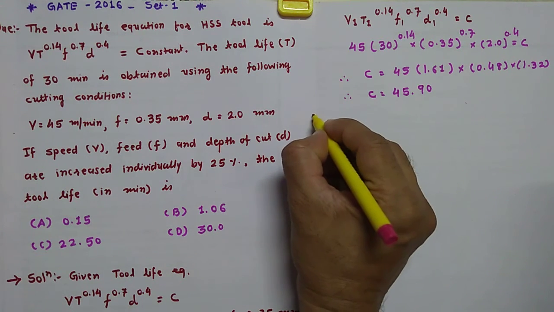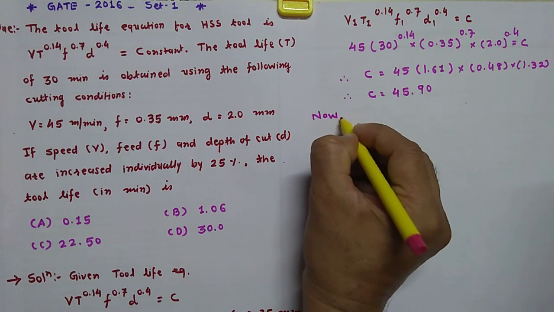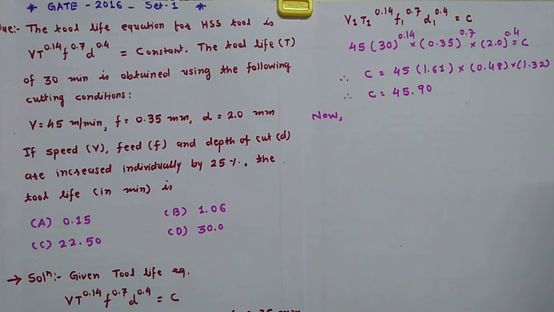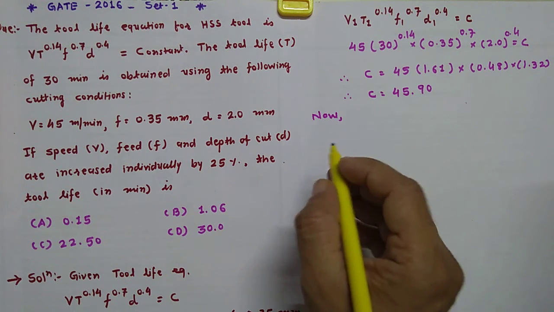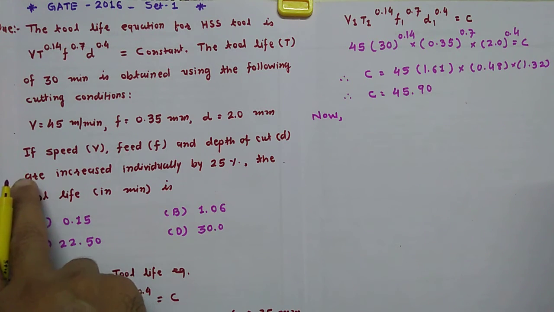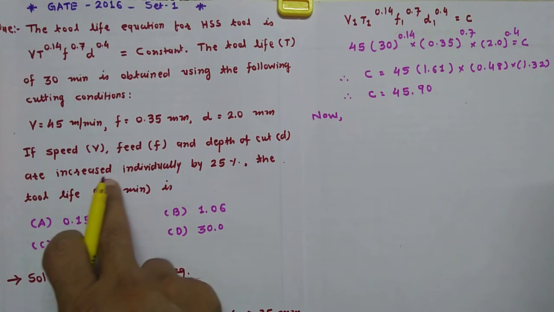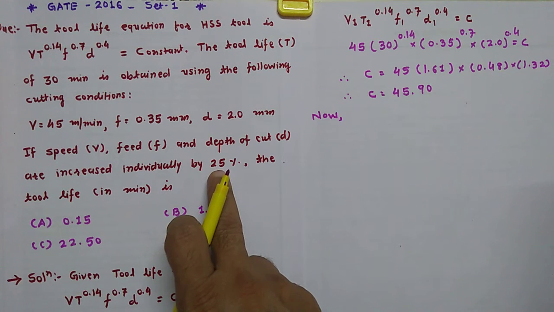Now we can put the other values in the equation for the condition where speed, feed and depth of cut are increased individually by 25%.